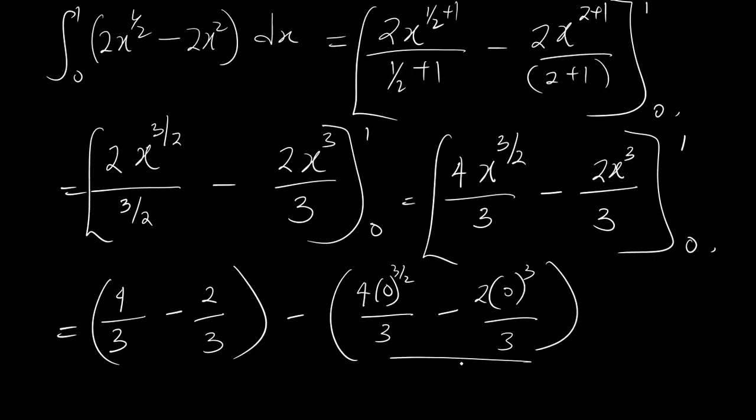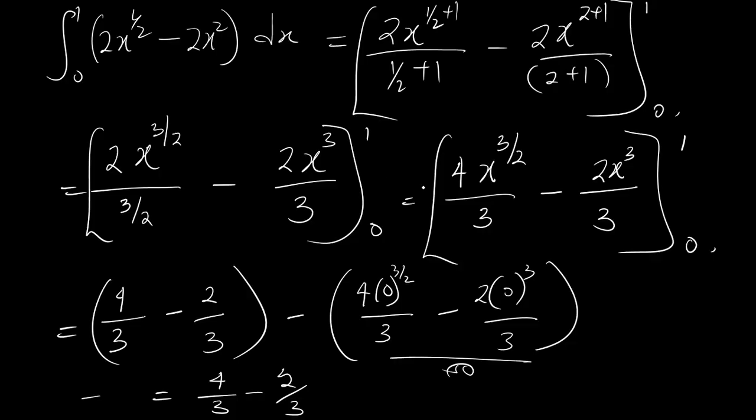Now the whole of this is 0. Now we are left with 4 all over 3 minus 2 all over 3. So the answer is 4 minus 2 all over 3, which is 2 all over 3 square units. This is the area enclosed.